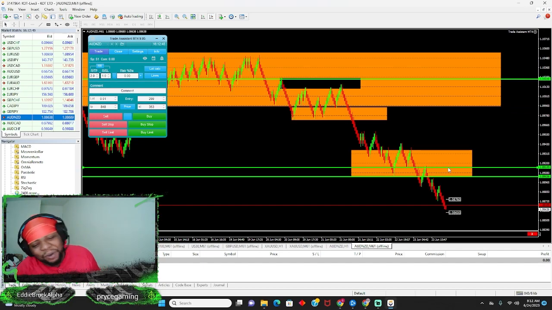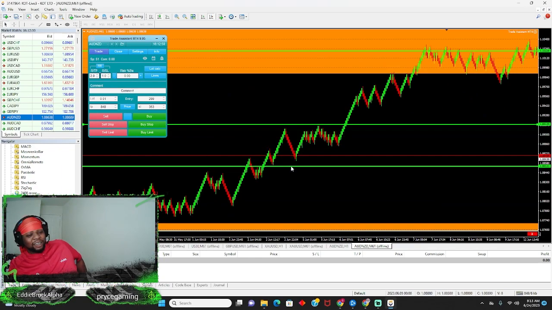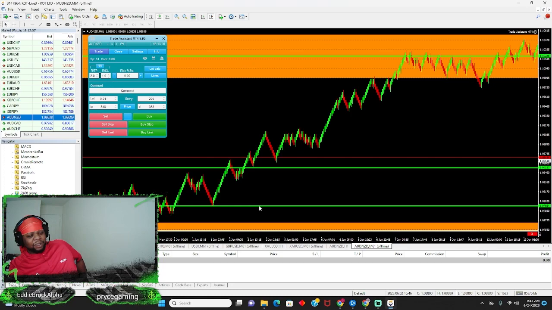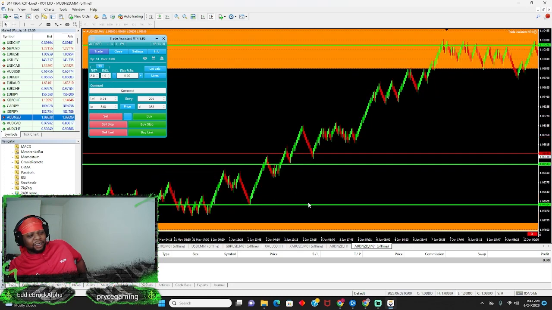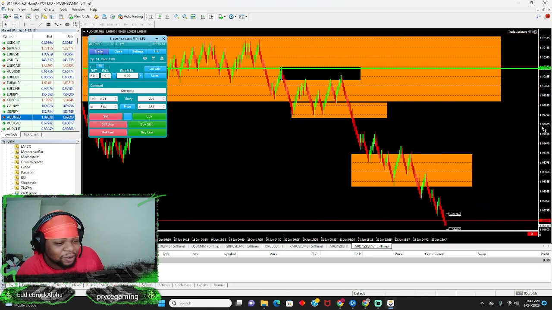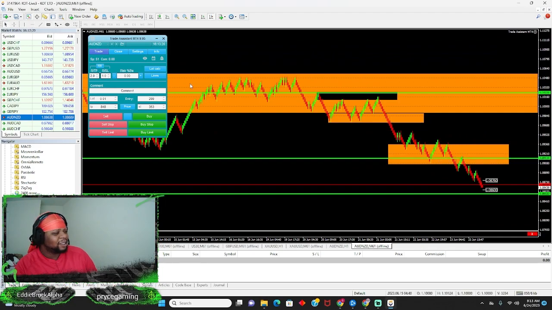Here's another one, but I wouldn't be comfortable taking that because you'd be too close to imbalance. But if you think it's gonna keep going down, there's more imbalances below. There's an imbalance here. That's tapped into. And look how close we are to that one. So you'll be aiming for that if you get in here.